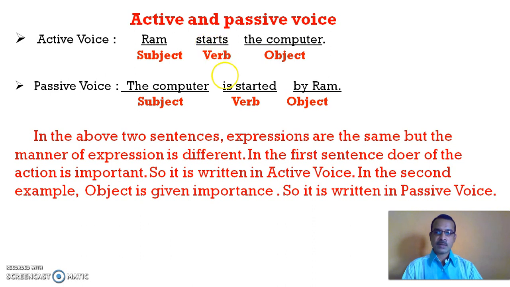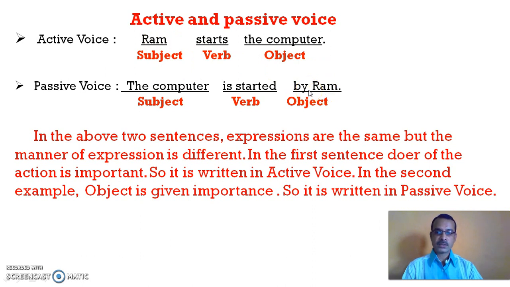So the present form of this word is taken here, as the computer is a singular noun. So we have taken here the helping verb. To be helping verb is, and this is the past participle, that is the V3 of the verb start. So this is the structure, and this subject becomes object in this passive example.